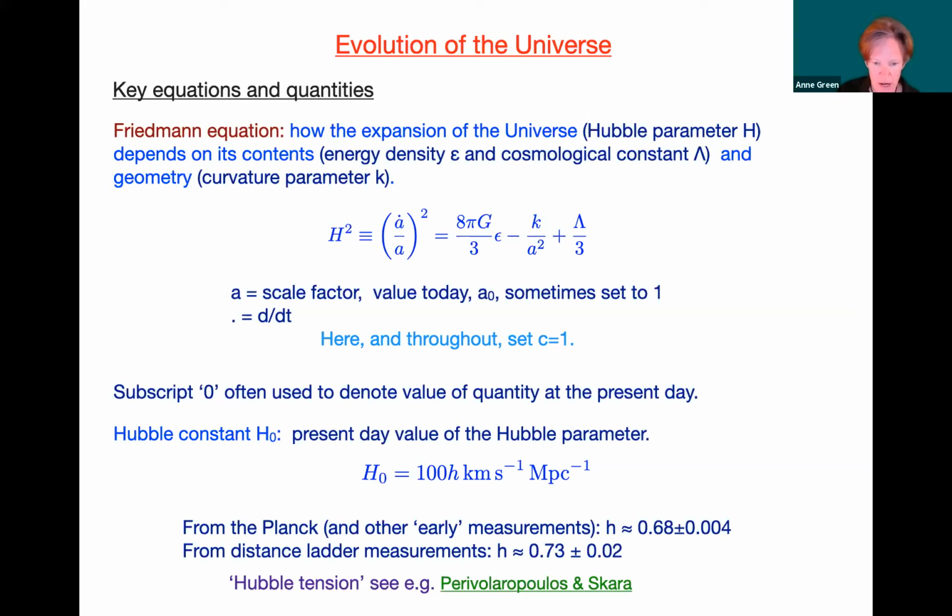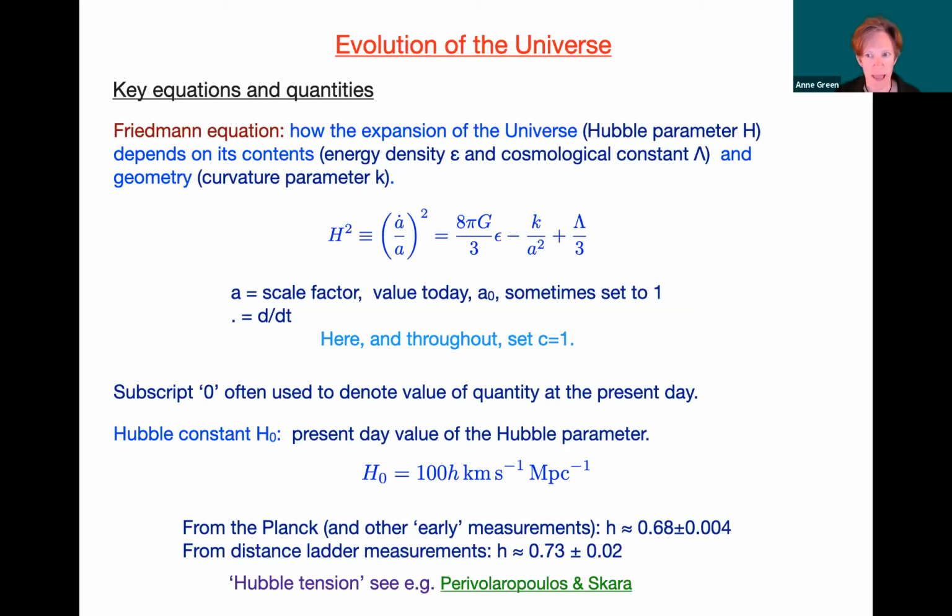The other thing that's very relevant for us is this little h. It parameterizes the uncertainty in the Hubble constant. Discussing details of measurements of the Hubble constant is way beyond the scope of these lectures, but I'll mention very briefly, since it's one of the hottest topics in cosmology at the moment, there appears to be a discrepancy in the measurements of the Hubble constant from different types of measurement.